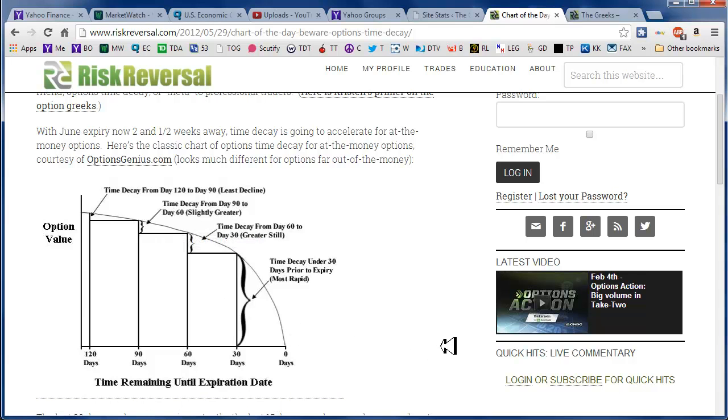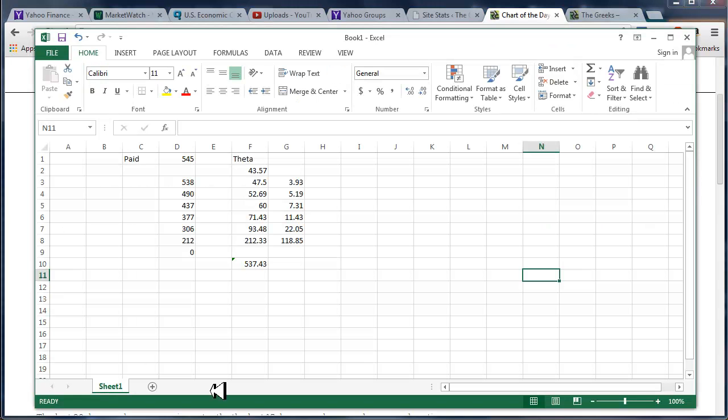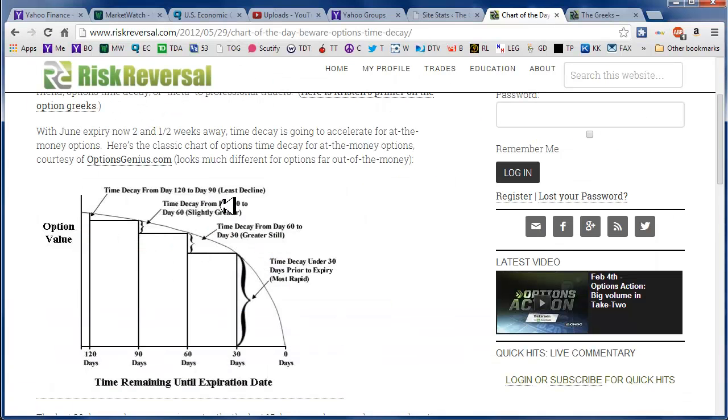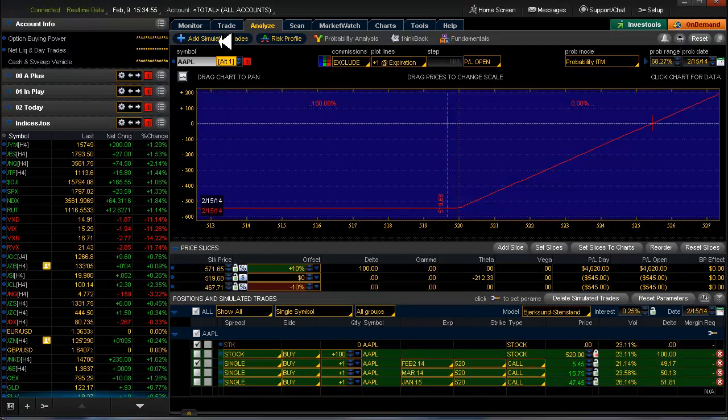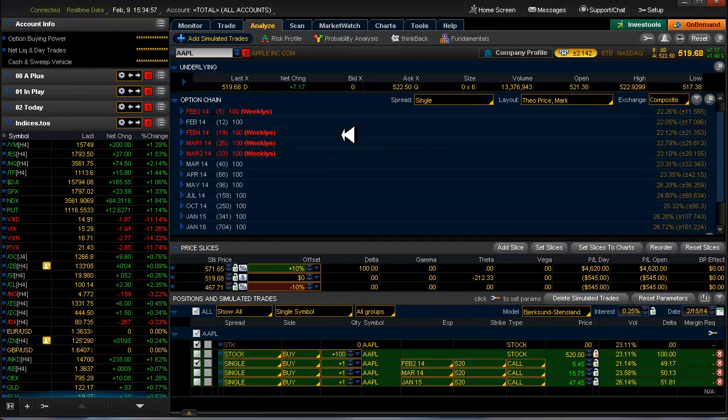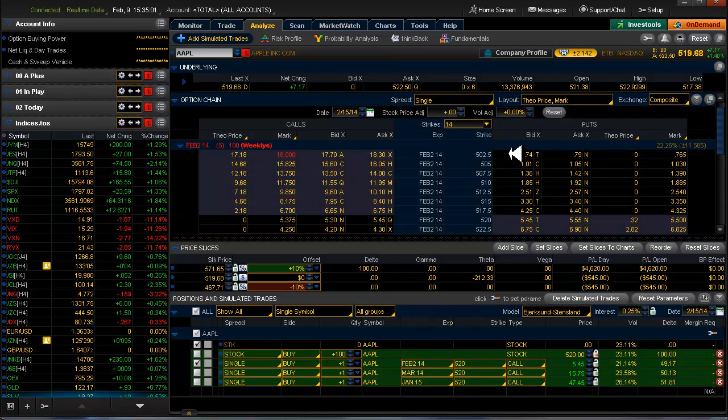How does that look on a real graph? Well, I wrote down some of these prices and threw them into a spreadsheet. And here's that same 545 option. Let me show you what I did. I went over to Thinkorswim, over to the simulated trades, and I opened up this chain and said I want theoretical price.